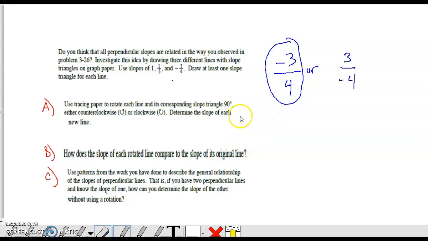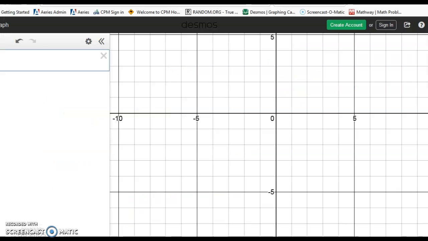Okay, so if we are back, we're going to check out our lines. Our first one is with just a slope of 1. So here's my slope of 1. What we can see is I started at the origin, and then I went up 1 over 1, up 1 over 1.